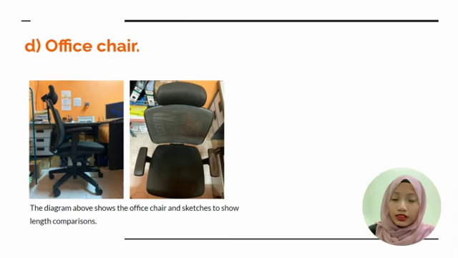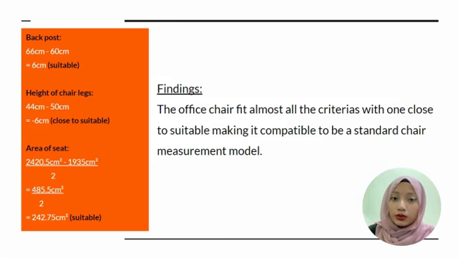And the last one is the office chair. Based on our comparison, we have gotten quite a good result. For the height of the back post, we got 6 centimeters, which is suitable compared to the standard human measurement. The height of the chair legs is negative 6 centimeters, close to suitable, and the last one is the area of the seat.